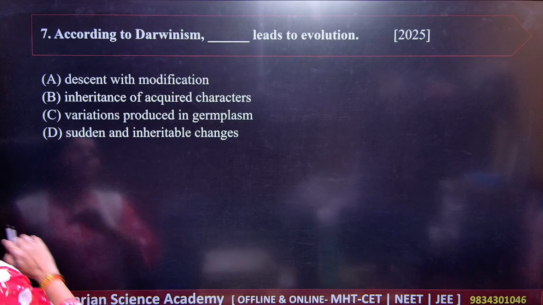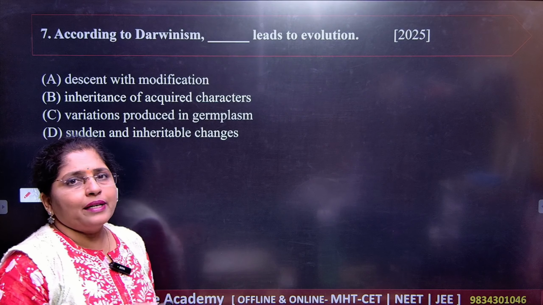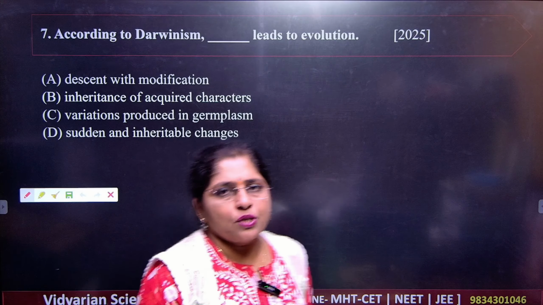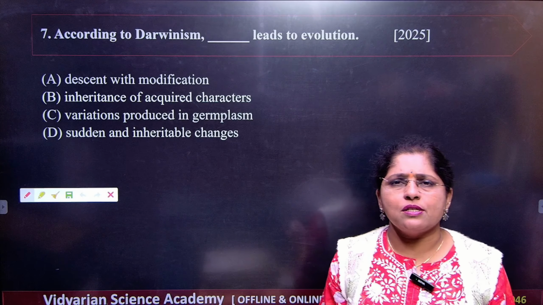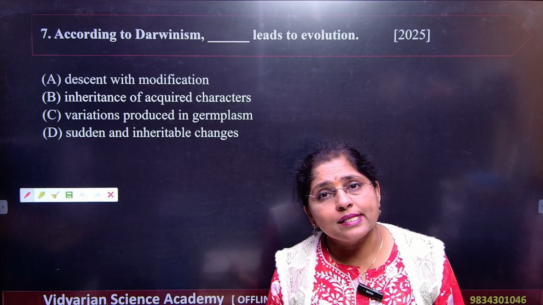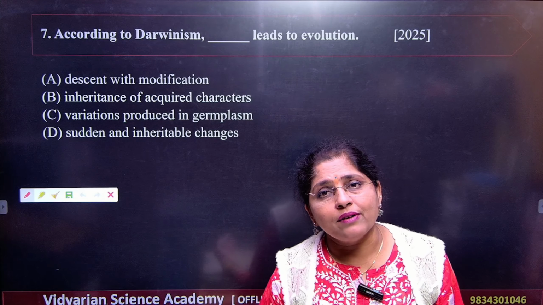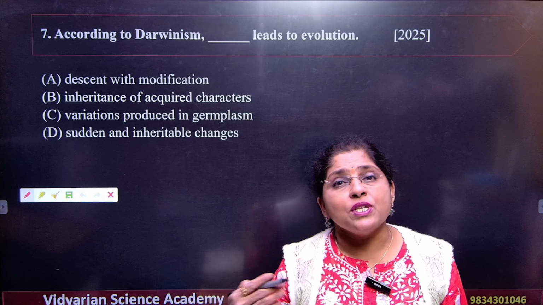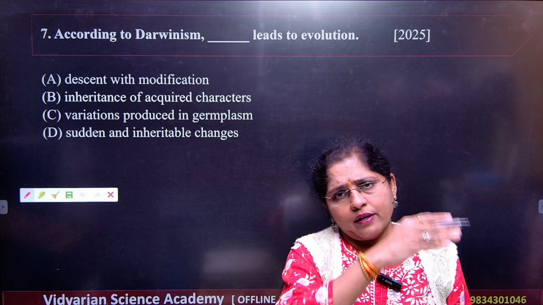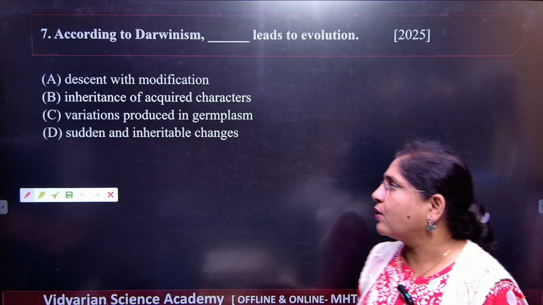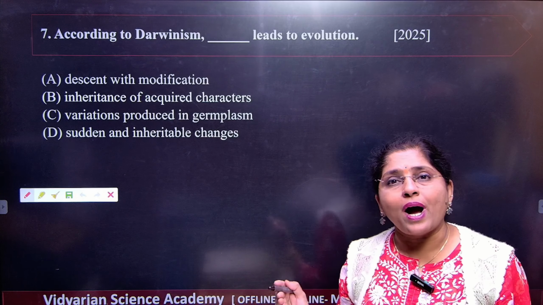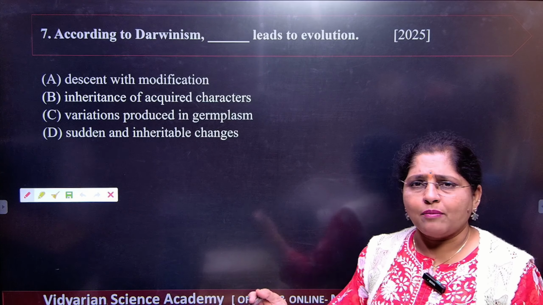Next, according to Darwinism, dash leads into evolution. Number one, descent with modification. You should know all the details of Darwin's theory: overproduction, struggle for existence, fittest for the survival, isolation, speciation, everything, from natural variations up to natural selection. Then inheritance of acquired characters, on which Lamarckism is based.